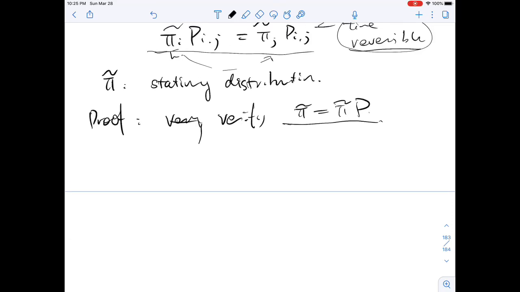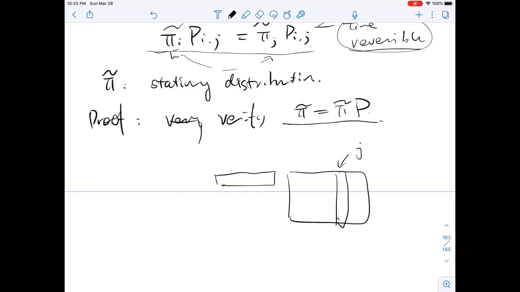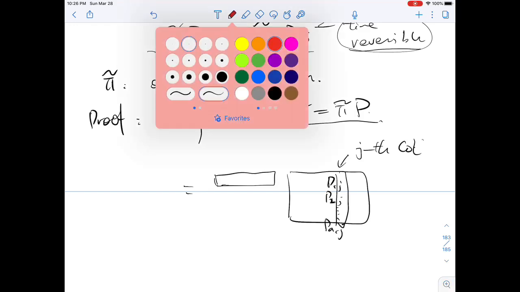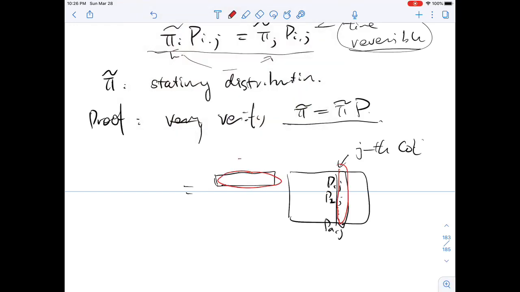So let's pull out one particular column, the j-th column, which is P_1j, P_2j, and so on, P_nj. If we multiply this j-th column with the whole vector pi tilde, then if this were true, we would get pi tilde j.